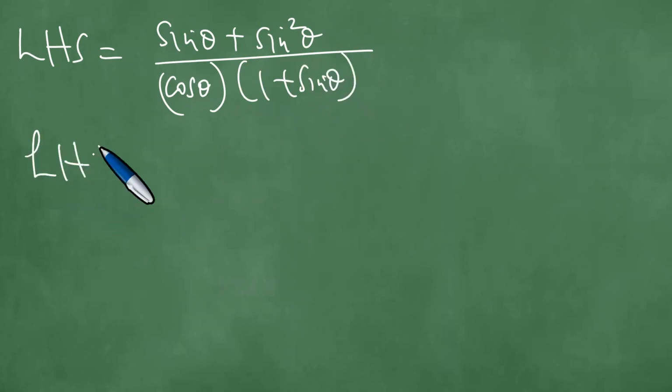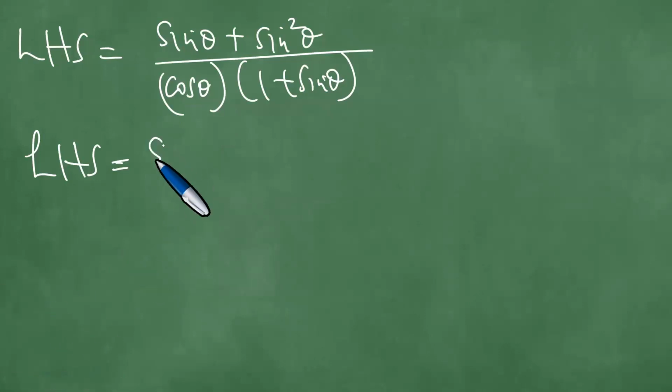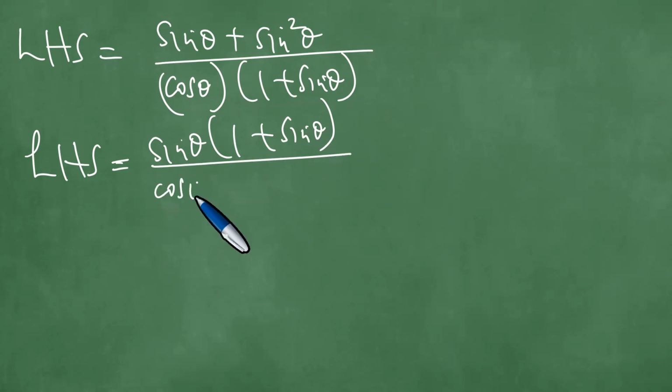Left-hand side. Common factor in the numerator. What is the common factor in the numerator, Tando? It's sine theta. We pull that one out and we have 1 plus sine theta over cosine theta into 1 plus sine theta.